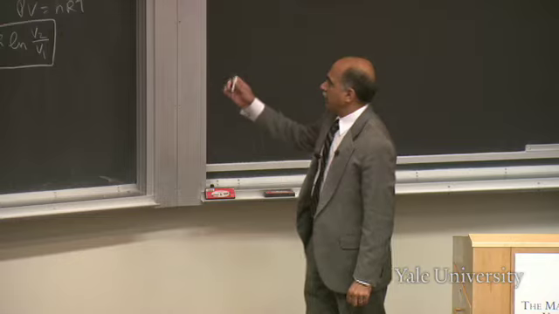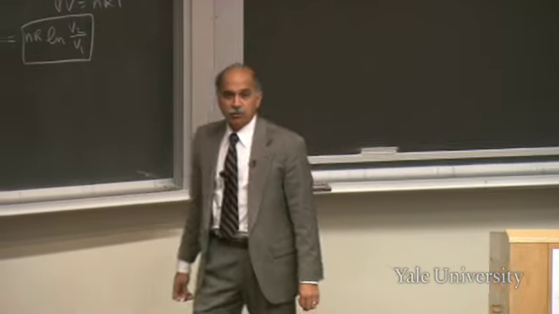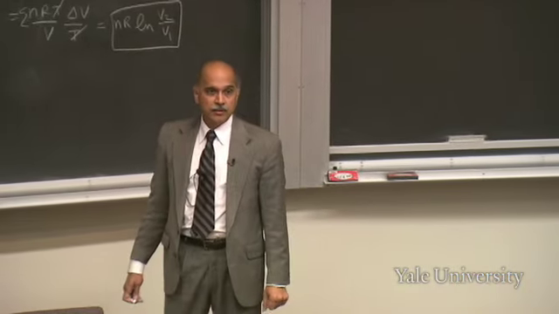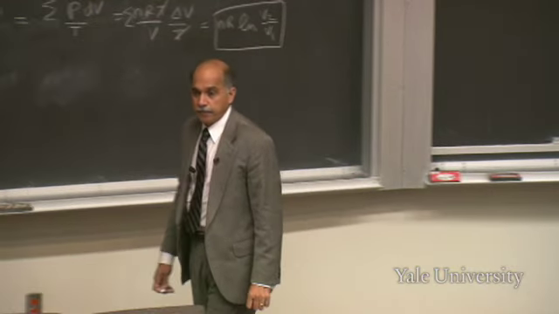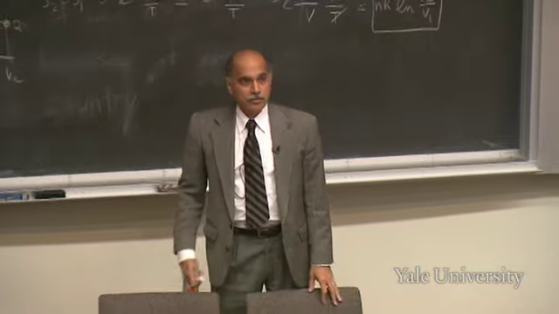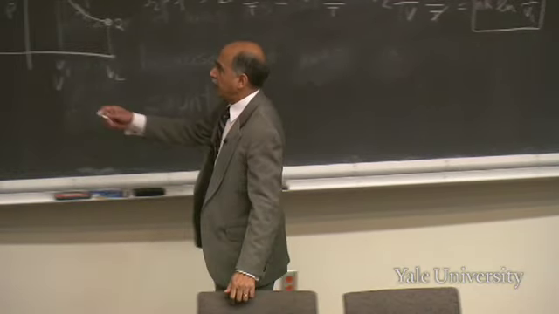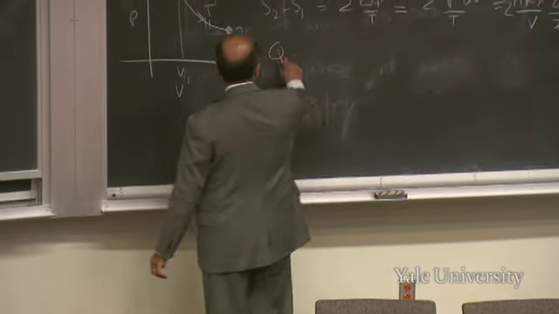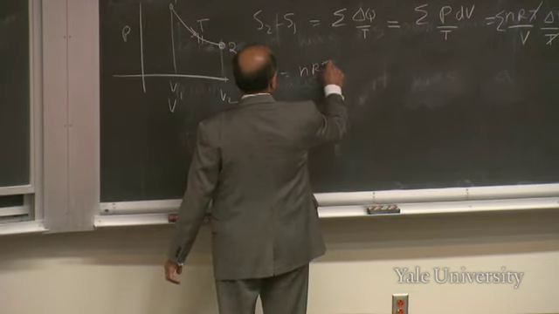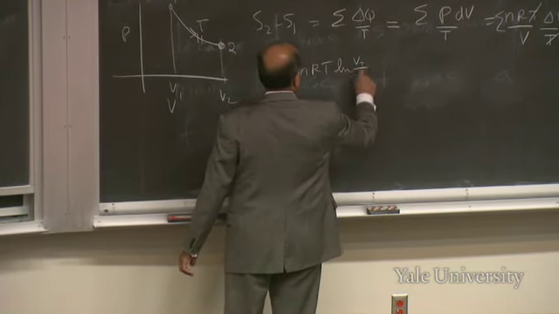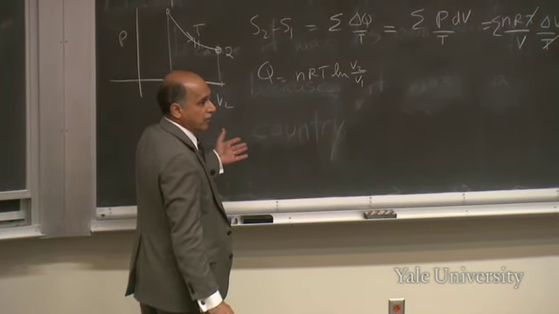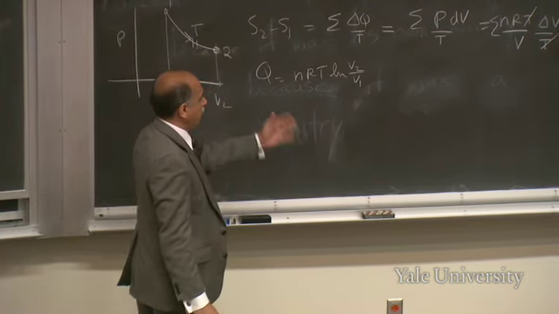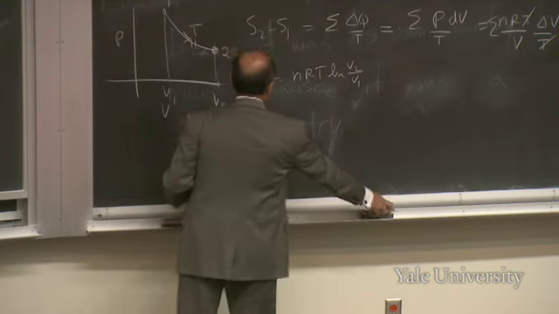You don't have to use calculus to do this. Does everybody understand why this could have been done a lot easier? You don't need to do the integral here. Because I showed you in studying the heat engine that the heat transfer Q is nRT log V2 over V1. Since the whole process takes place at fixed temperature, instead of dividing by T at every step, you can just divide by T overall.